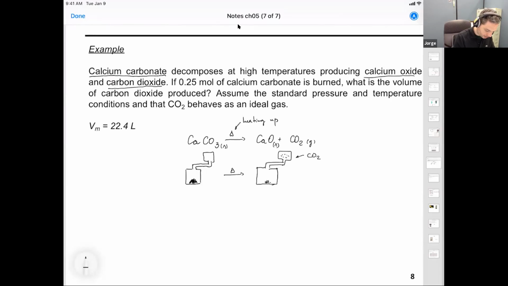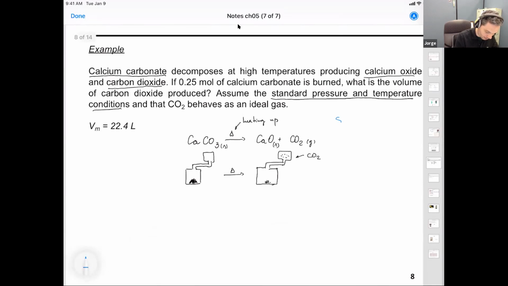We are going to start with 0.25 mole of calcium carbonate. And the goal here is to determine the volume of carbon dioxide produced, assuming that we have the standard pressure and temperature conditions.